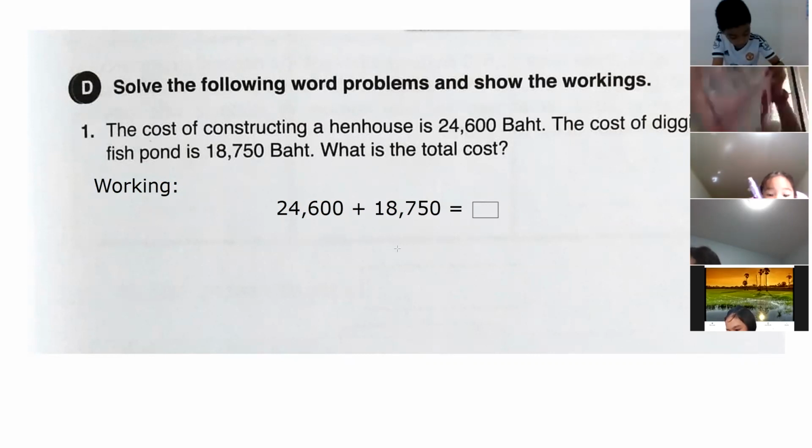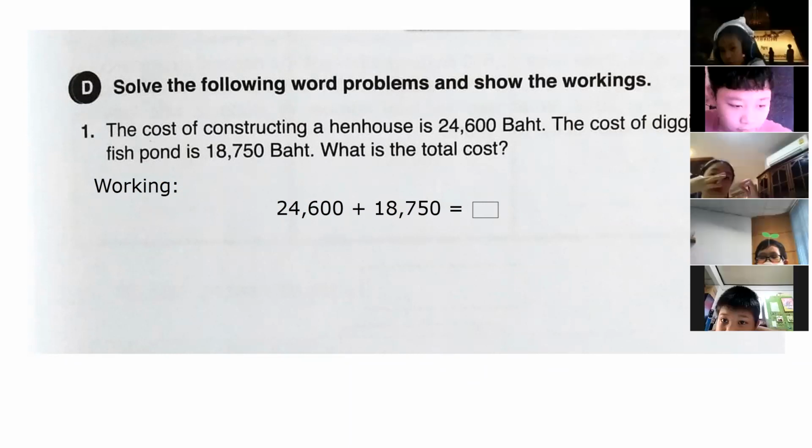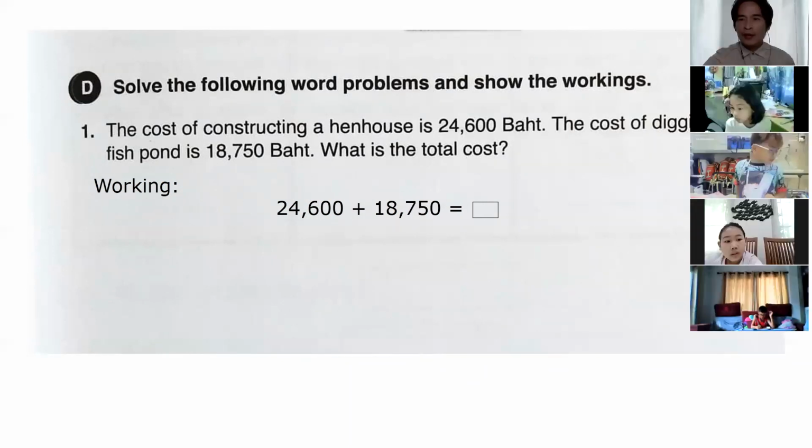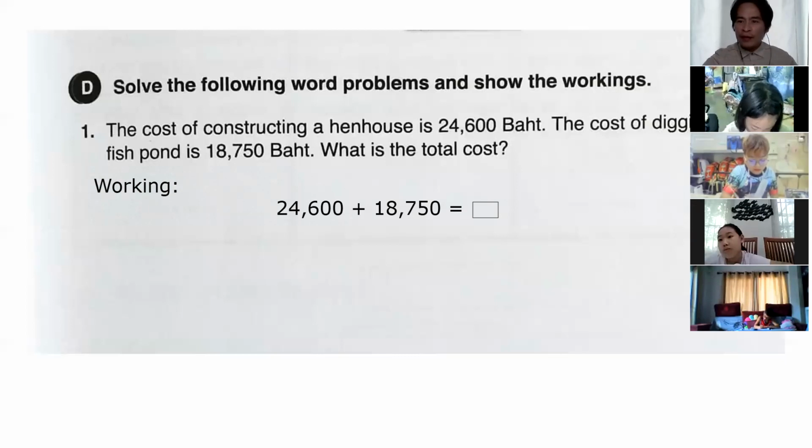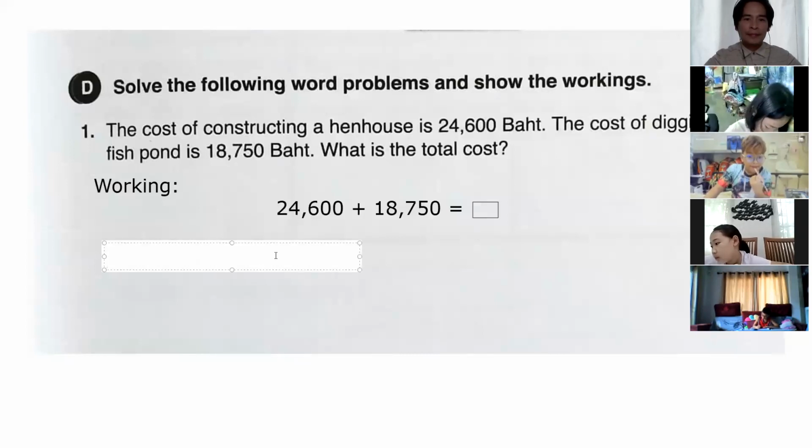Okay, then ping pong. Where is ping pong? Because you said I don't know. It's not okay to say I don't know. So I want you to answer again. You try again. What should be the first sentence here? The cost of.